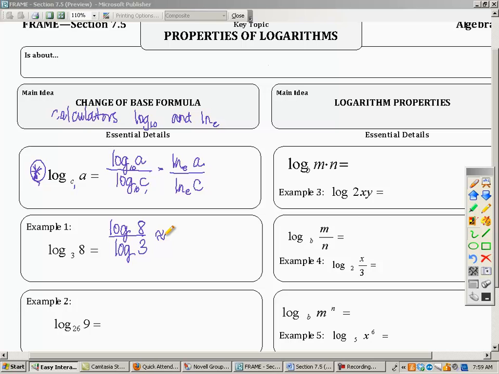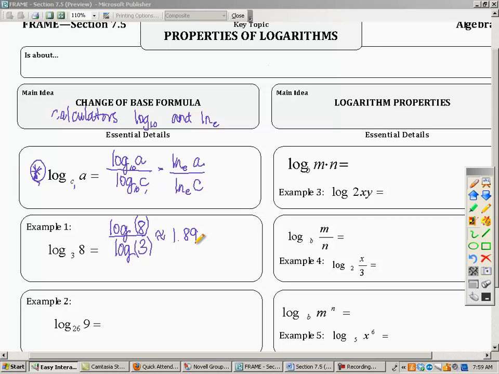Now, you could also do the natural log of 8 over the natural log of 3, but I'm going to start with the log. Log of 8, and your calculator puts a parenthesis here, so just close the parenthesis. Divided by the log of 3, and again the calculator puts a parenthesis here, so close it. You get about 1.89, and I'm just going to do 2 decimal places.